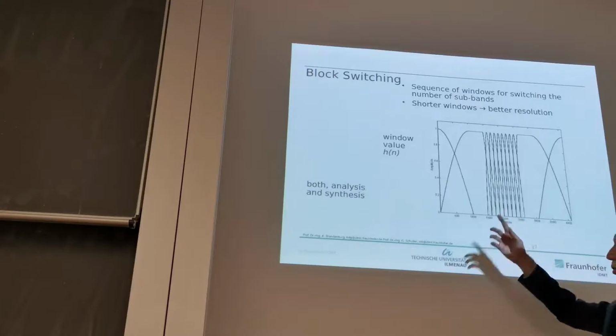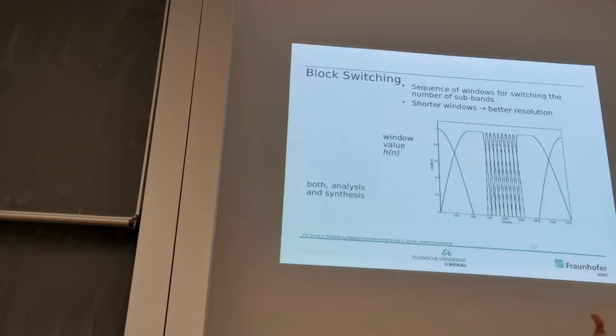Here you have short blocks, which means you have a higher time resolution, because those blocks are shorter, so they come more often. But as a result, you get lower frequency resolution. So time resolution times frequency resolution is always constant, like in quantum physics. Right. Makes sense?